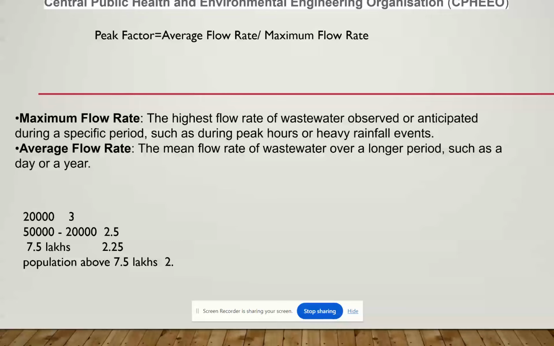From the number of people occupying an area, they have already calculated and assumed these values. If the number of people is till 20,000, the peak factor is 3. If the number of people is 20,000 to 50,000, it is 2.1. If it's about 7.5, it is 2. Got it?